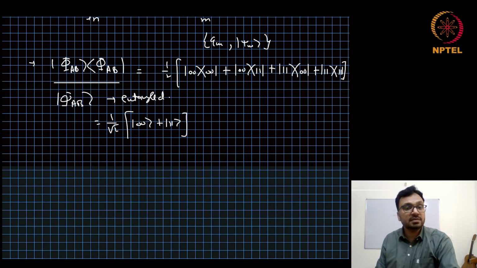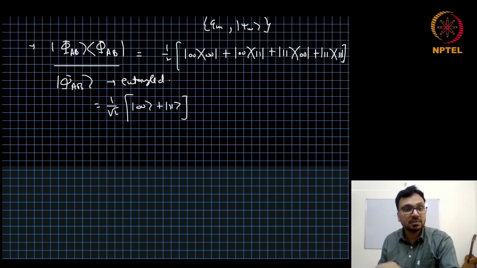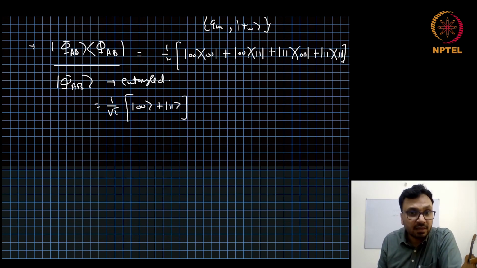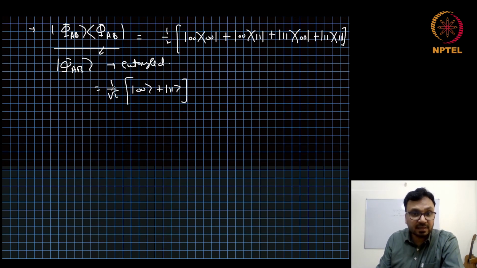So this is our state of 2 qubits. And since this is the unique decomposition, we cannot have any other decomposition. And we can see that this decomposition cannot be written as rho A tensor rho B. So it must be entangled.